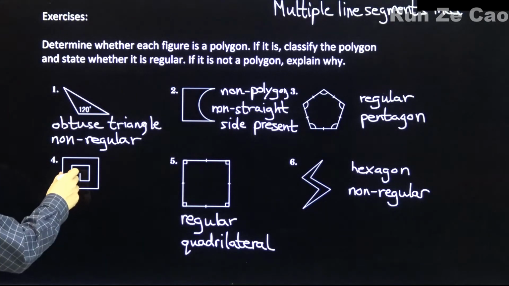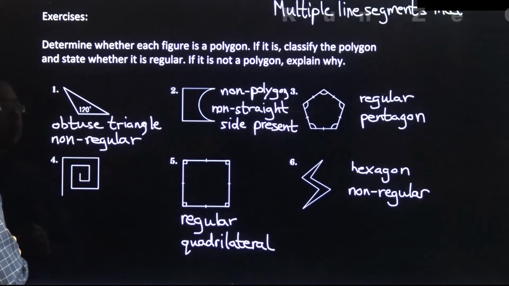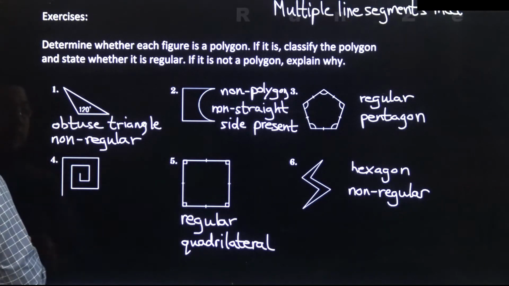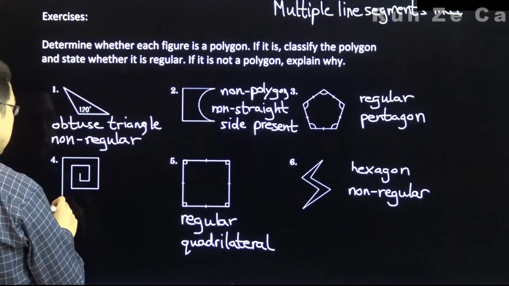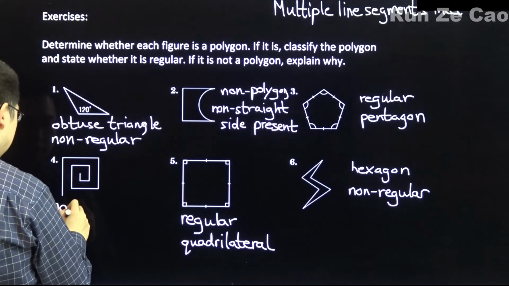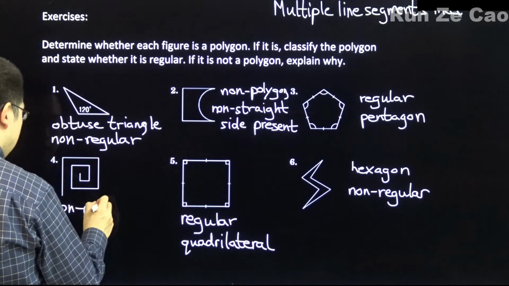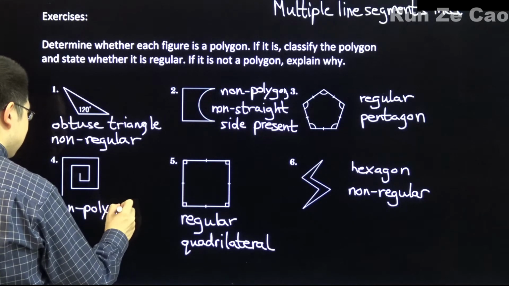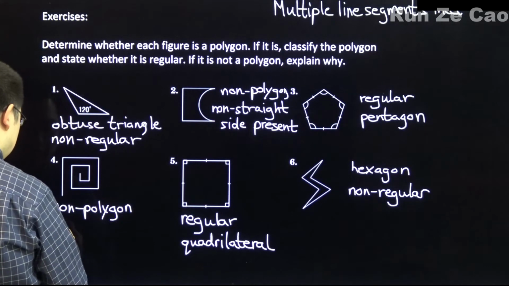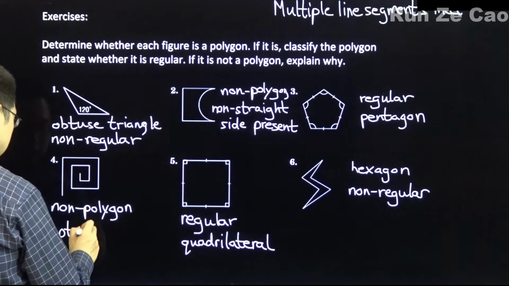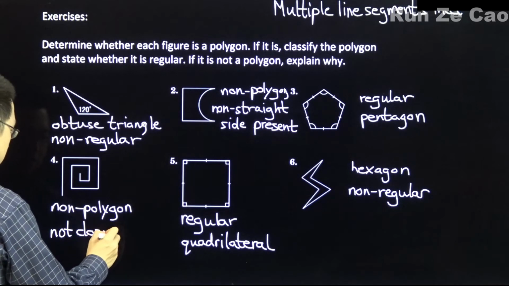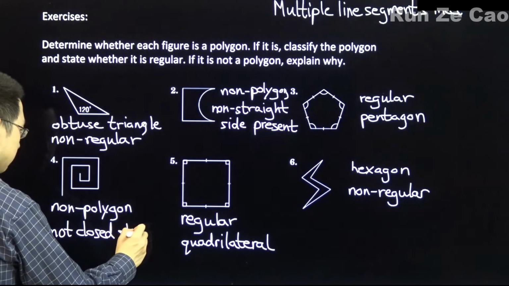You don't end up with your pencil coming back to where it started. So, not a polygon, because it's not a closed shape.